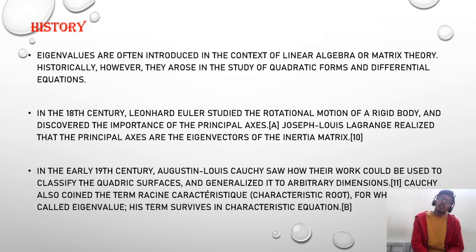Joseph Louis Lagrange realized that the principal axes are the eigenvectors of the inertia matrix. In the early 19th century, Augustin Louis Cauchy saw how their work could be used to classify quadric surfaces, and generalized it to arbitrary dimensions.